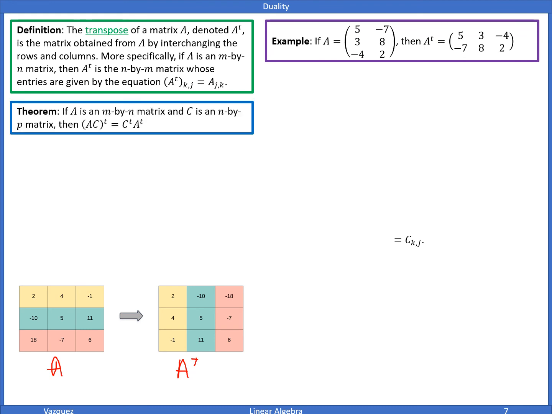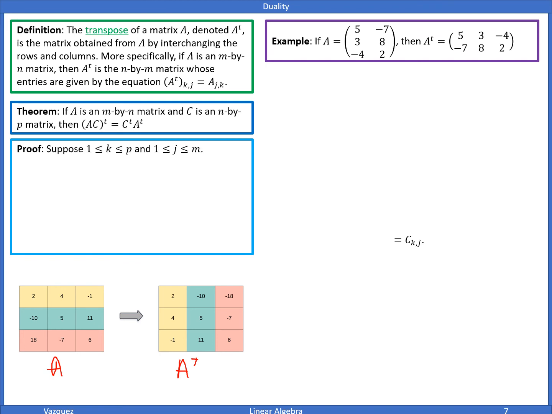We have the property that if A is an m by n matrix and C is an n by p matrix, then the transpose of the product is equal to C transpose times A transpose. So notice the little change of ordering there. These proofs are fairly straightforward. If you're not comfortable with matrix notation, they might be a bit confusing.